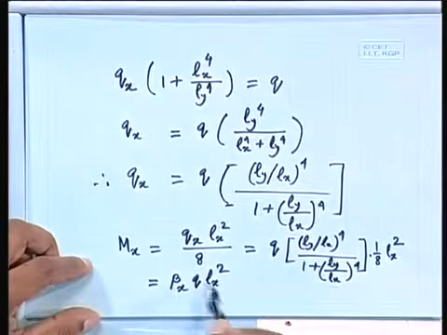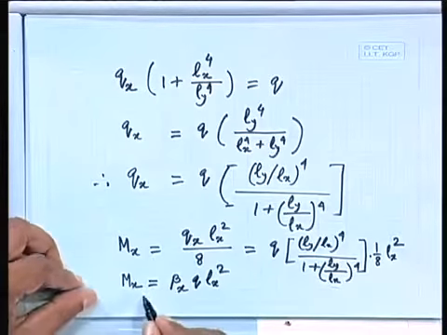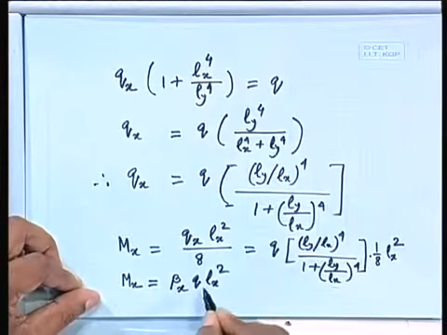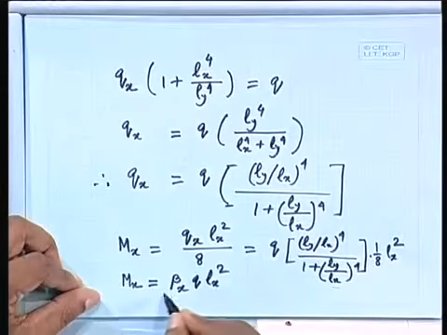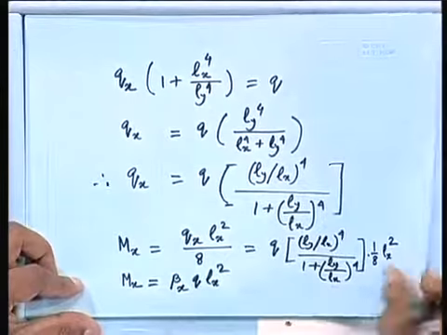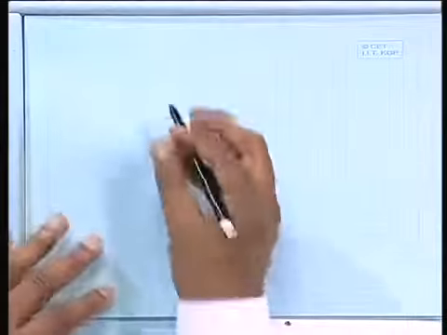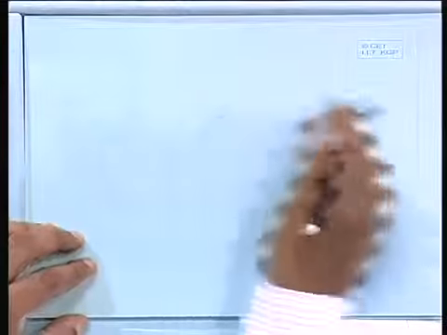Please note, we have written in this fashion. The other one we have to find out is the bending moment due to this Q, for which we get one coefficient for x. So that one will be Mx equal to beta x Q Lx square. The other one we can find out in the same fashion.